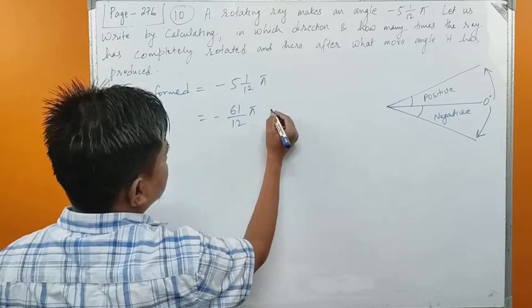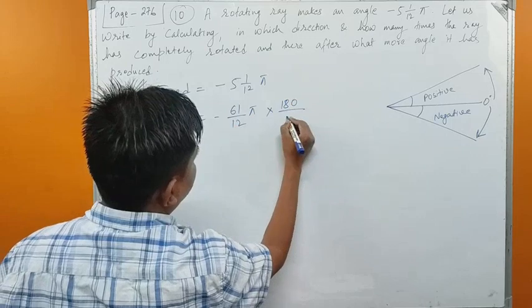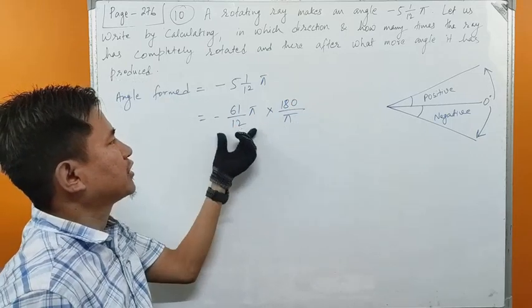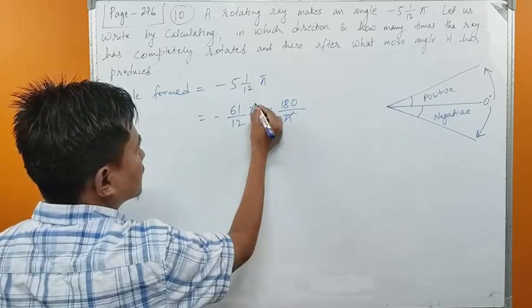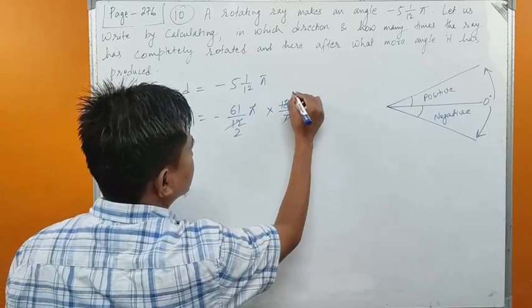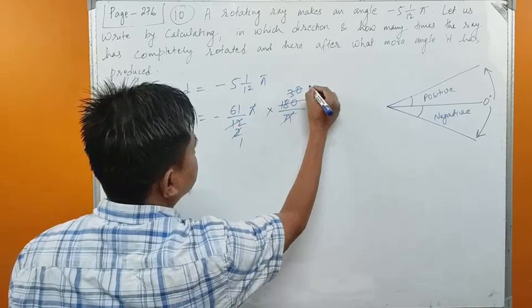Let us convert this into sexagesimal by multiplying by 180 by pi. When we multiply by 180 by pi, we convert the circular value to the sexagesimal value. So this pi and this pi cancel out. 6 2s are 12, 6 3s are 18, 6 0s are 0, 2 1s are 2, 2 15s are 30.